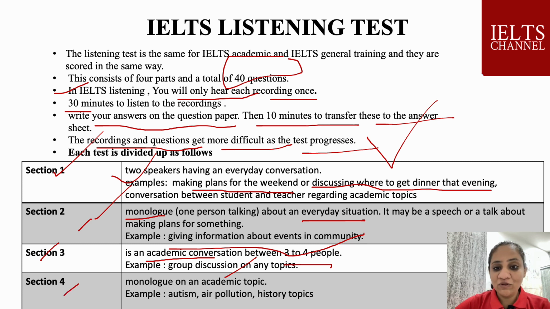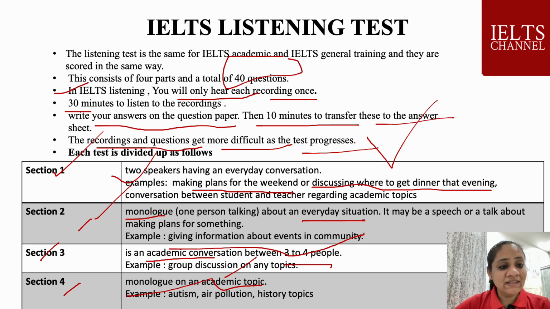Let's see section number 4. In section 4, you have a monologue on an academic topic, or you can say it's a speech on a topic. Over here also one person is going to talk about one topic, for example pollution, psychology, nanotechnology, or any disease, like autism, any disorder.